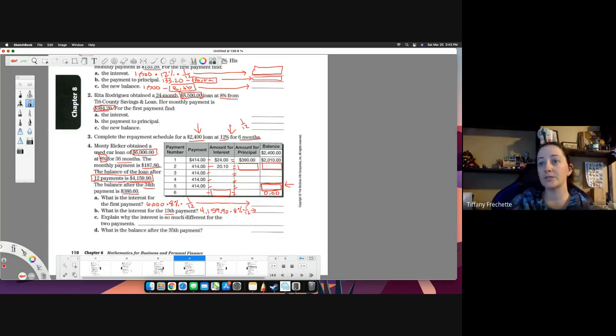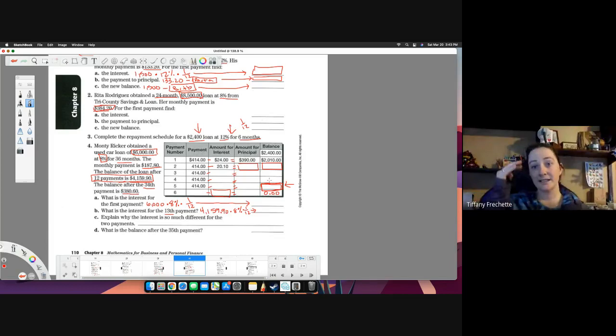Explain why the interest is so much different for the 2 payments. Think about the problem. If you're starting with 6,000, it's going down each time you make a payment, right? It's coming down a little bit more and more.